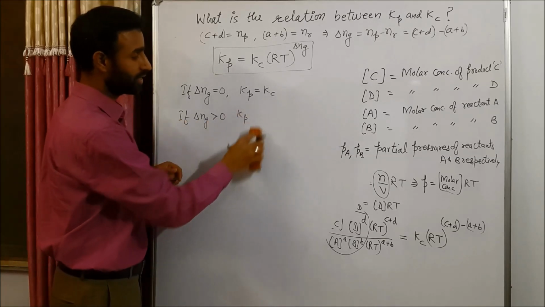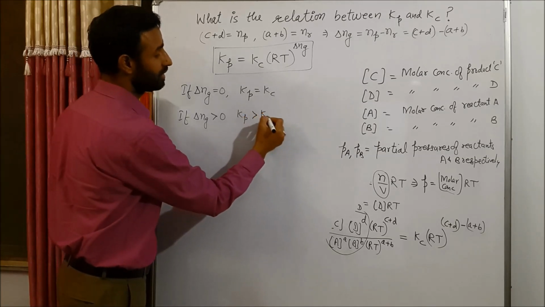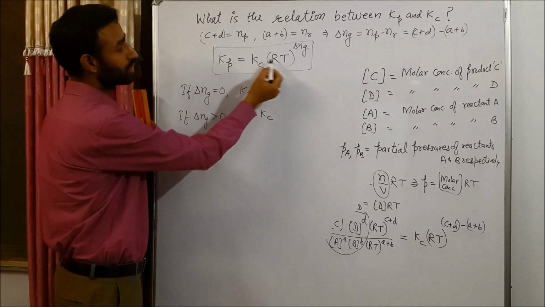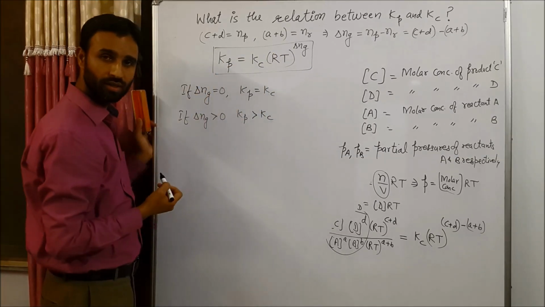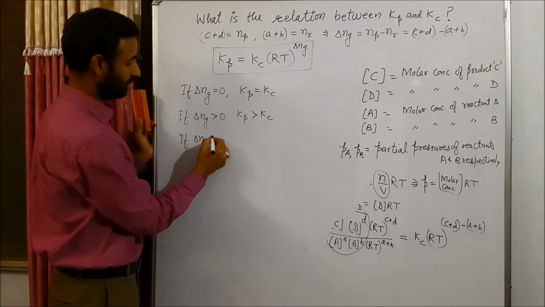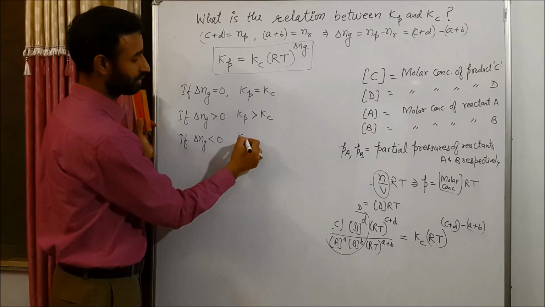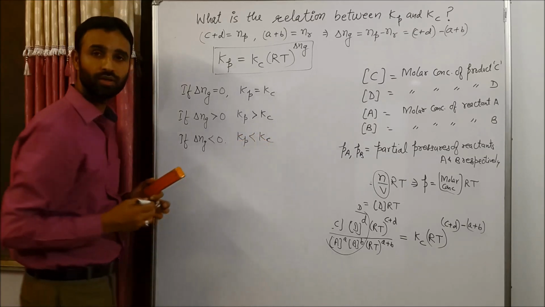Is it greater than Kc or less than Kc? Greater than Kc, because something is multiplied by Kc to get Kp. If delta Ng is less than 0, then Kp is less than Kc, right?